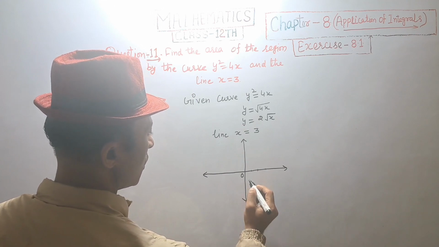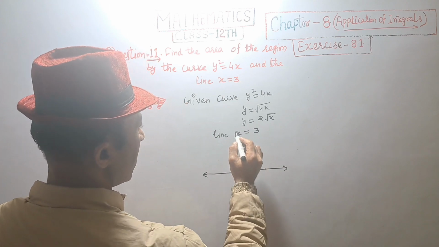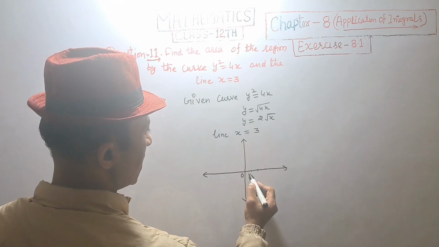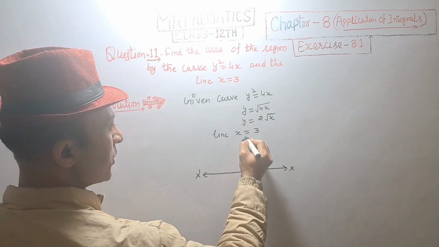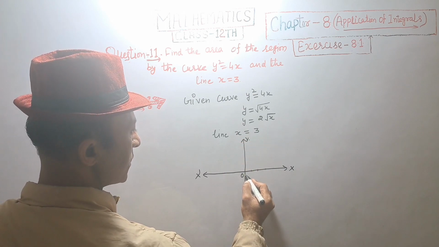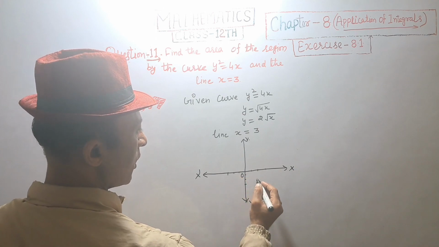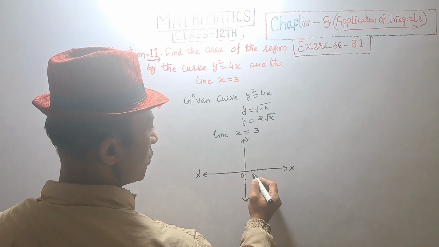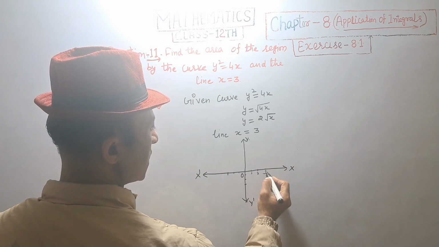O, and x is equal to 3. X dash, y dash. One, two, three.